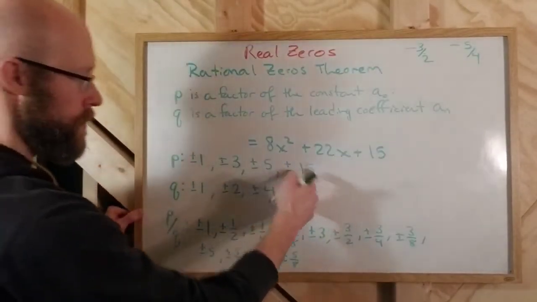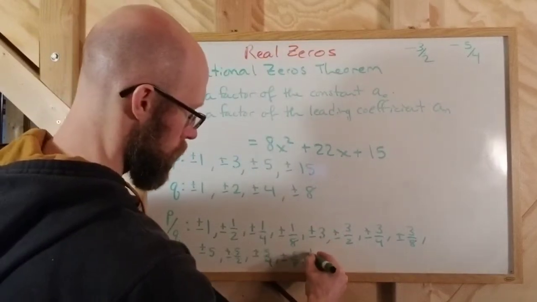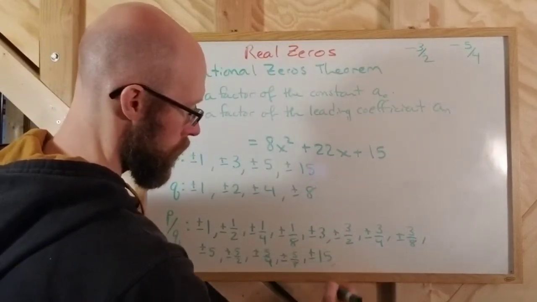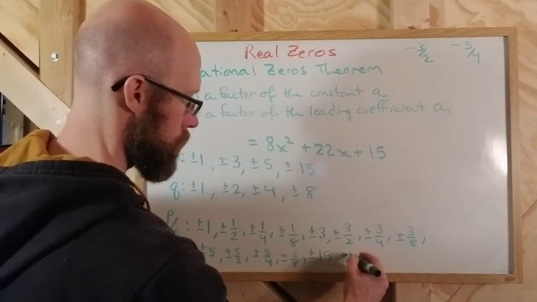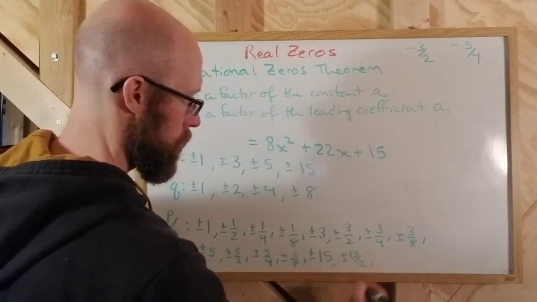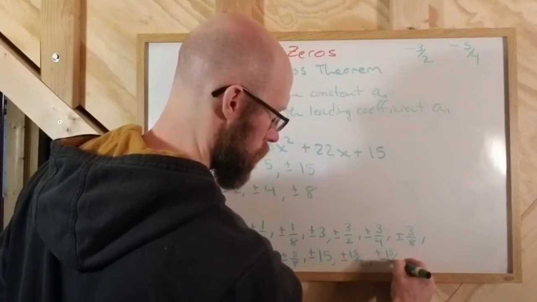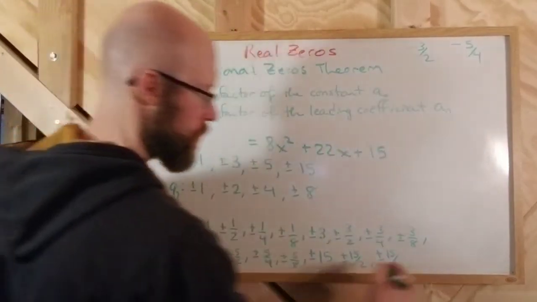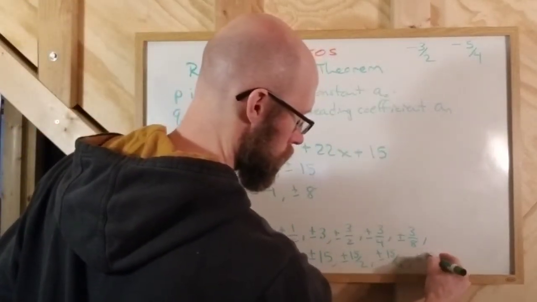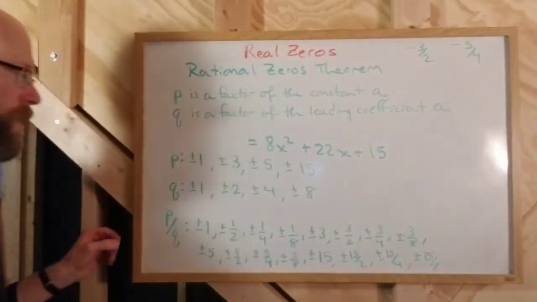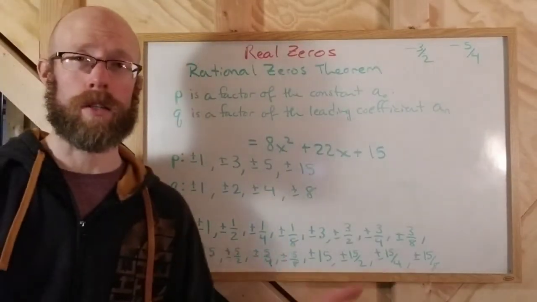And then finally the 15. You jump to the 15, you get plus minus 15 over 1, plus or minus 15 over 2, plus minus 15 over 4, and plus or minus 15 over 8. Okay, so that gives us quite a long list of possible rational zeros.